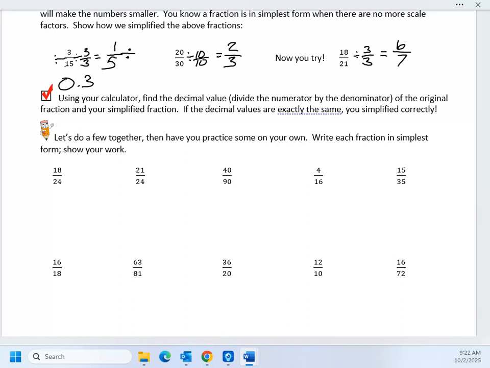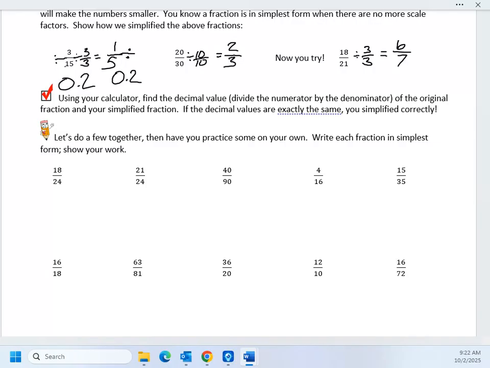So what was 3 divided by 15? Okay, so Ashley, tell me again. 3 divided by 15 was 0 point what? And 1 divided by 5 is the same? Yeah. So look at that.